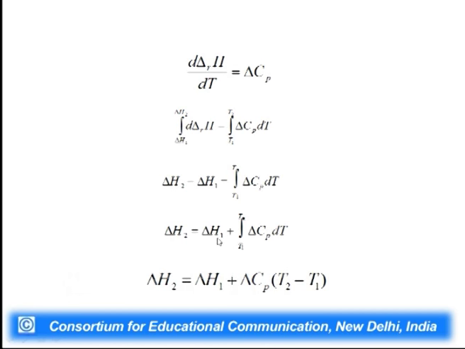So, delta H2 is delta H1 plus the integral of delta Cp dT, and if delta Cp is independent of temperature, you can take it out, and delta H2 is simply delta H1 plus delta Cp times (T2 minus T1).